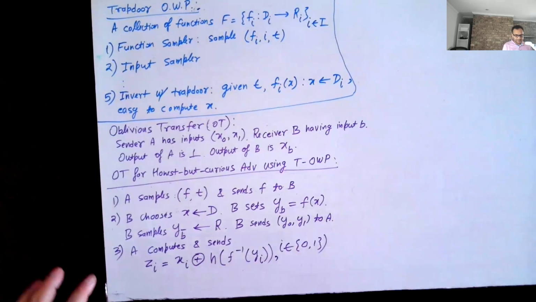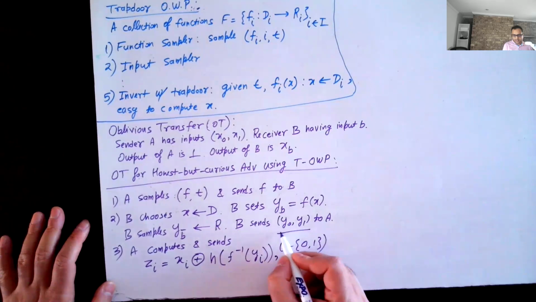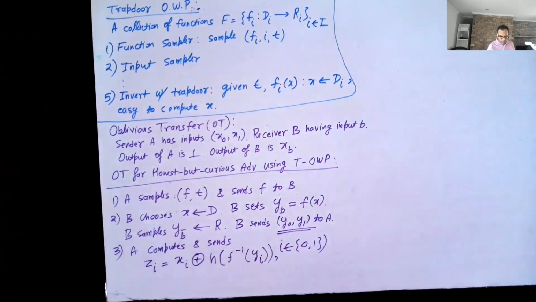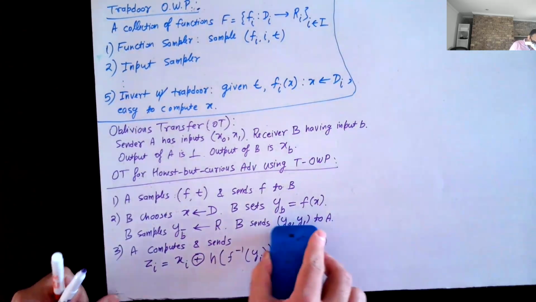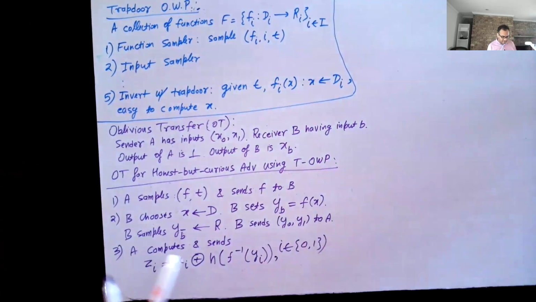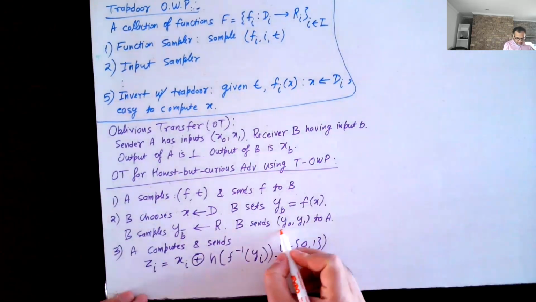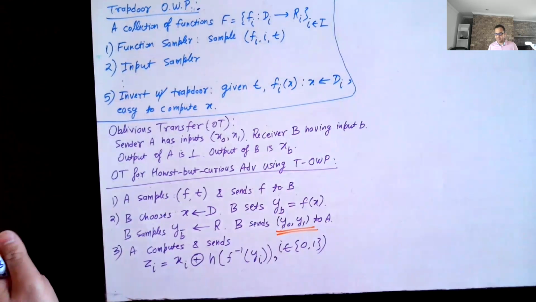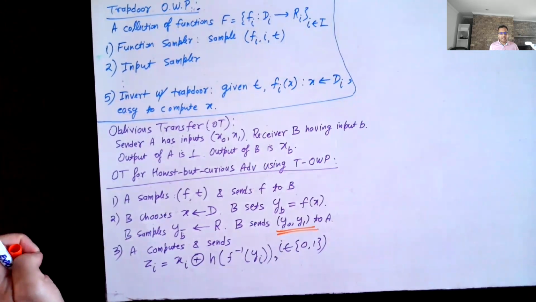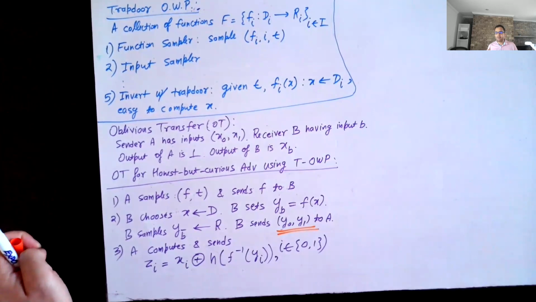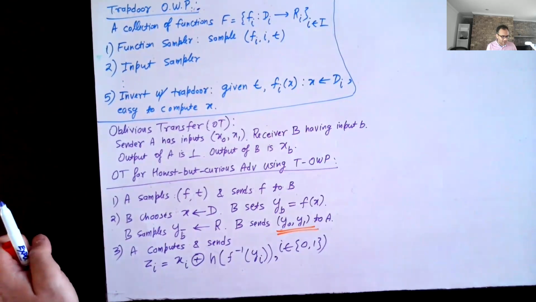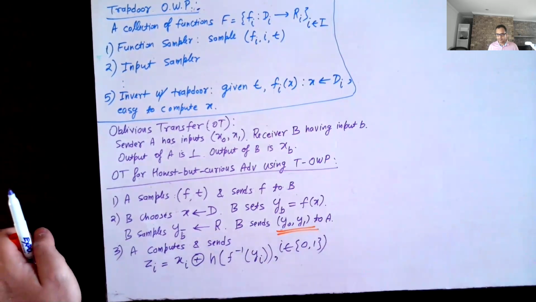So essentially, A has the trapdoor, A recovers the pre-image of both of these strings. And in some sense, A encrypts the input bits using these 2 pre-images.